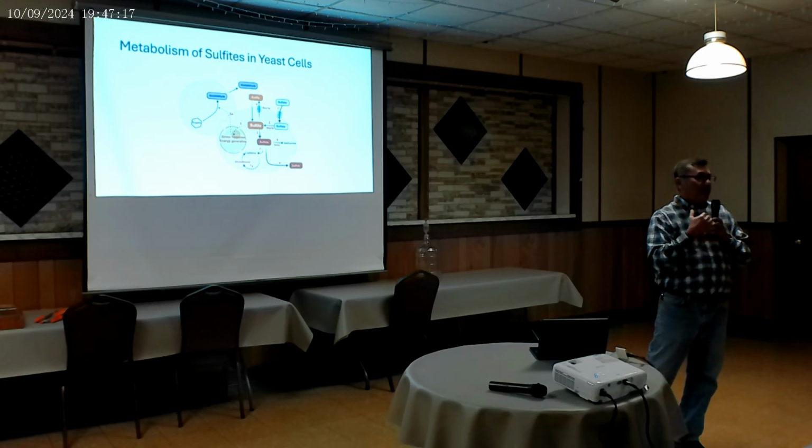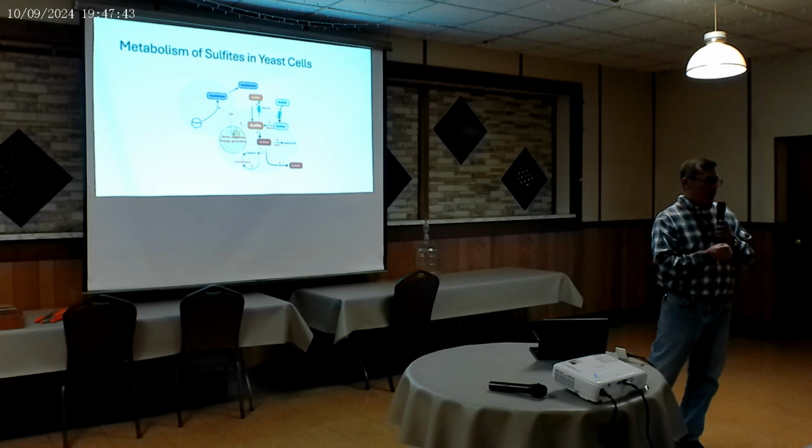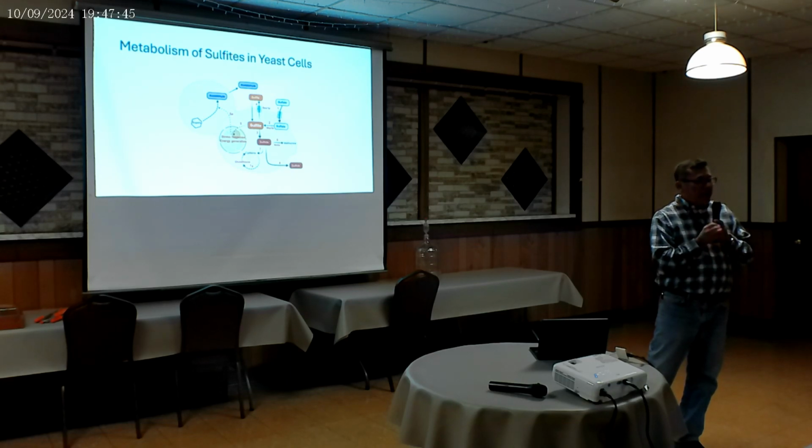It enters into the yeast cell, and it can be used for metabolism, or as an electron acceptor, and it helps to generate energy for the cell. The sulfites can be converted into sulfides that then are used in synthesis of sulfur amino acids, and there are two of them, cysteine and methionine. Both of these are essential amino acids.